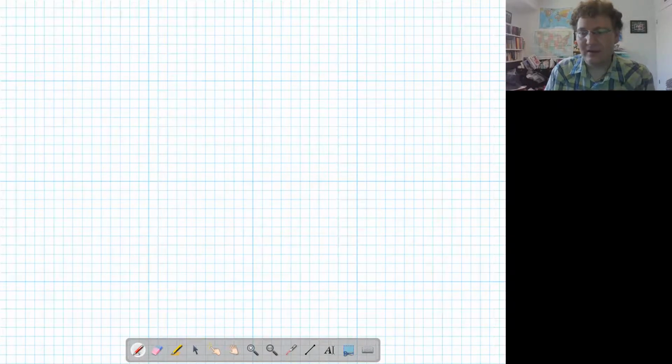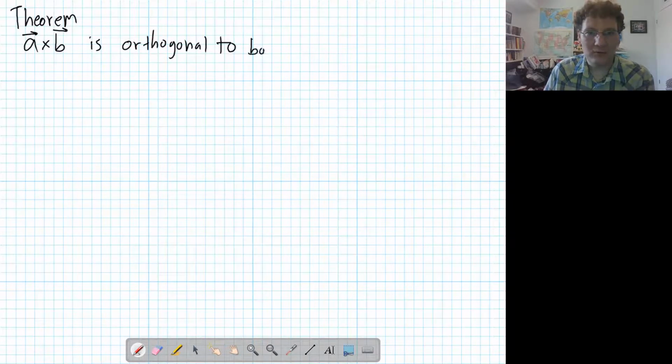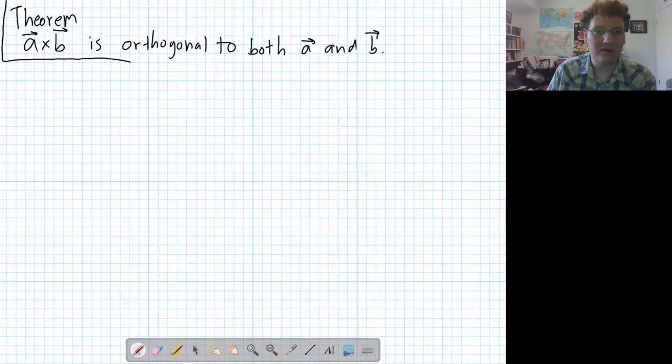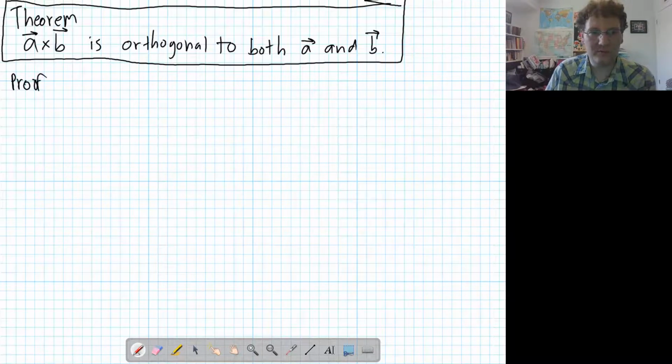So let's state a theorem. A cross B is orthogonal to both A and B. That is a fact: the cross product is orthogonal to both vectors A and B. We can prove this in general, and the proof is pretty straightforward.